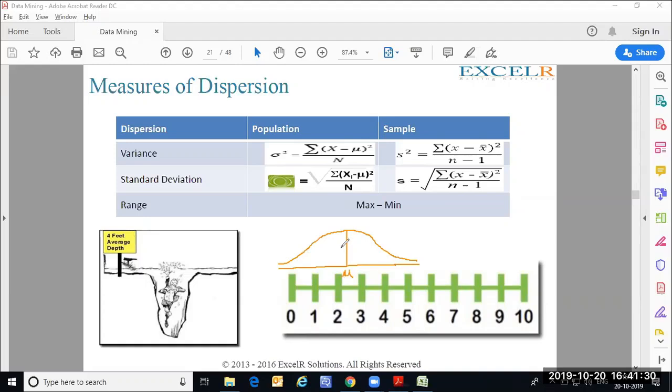Now, we're talking about the sample statistics. Irrespective of the effective techniques that you make use of to extract a sample from the population, do you think it will be 100% representative of the population?